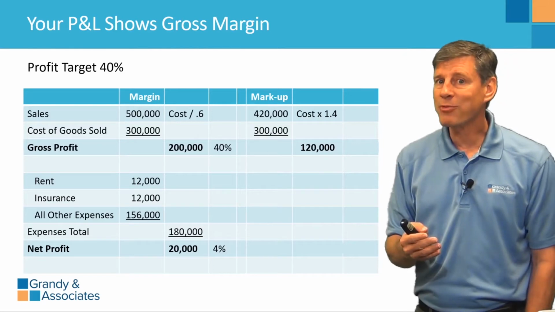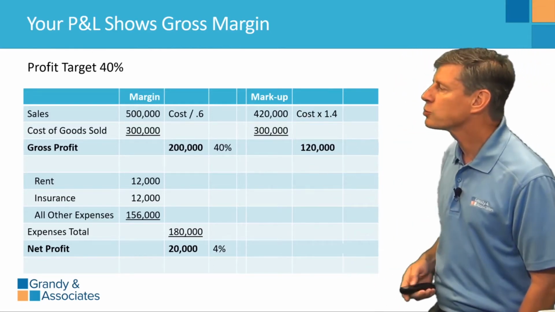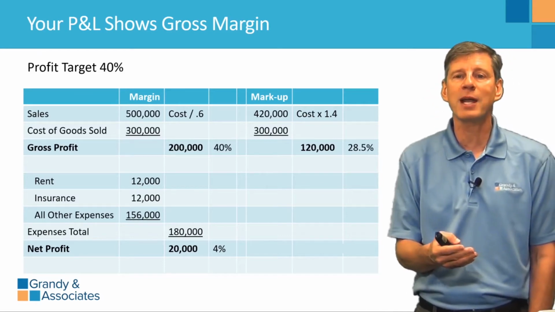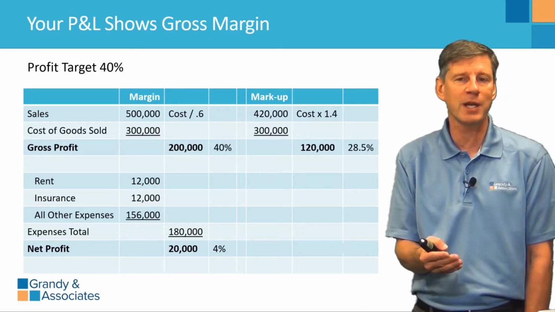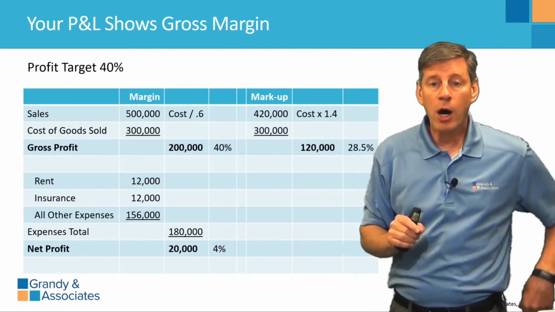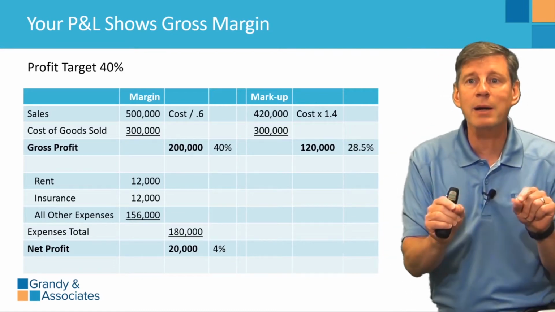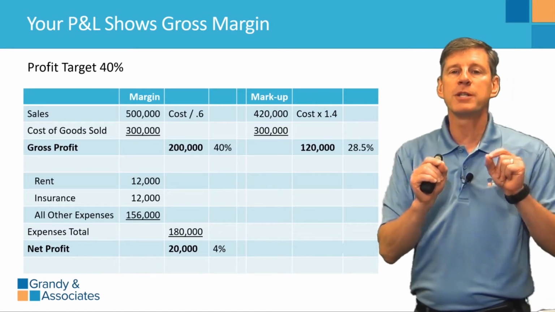Now again, I can do the math on that. What was that gross profit percentage? 120,000 divided by 420 comes up with a gross profit percentage of 28.5%, not the 40% that we were targeting. A cost times 1.4 multiplier gives me a 40% markup, not a 40% profit.